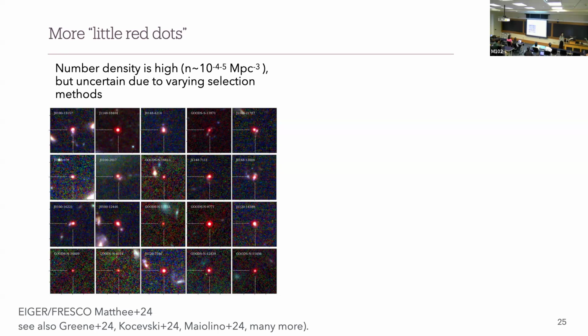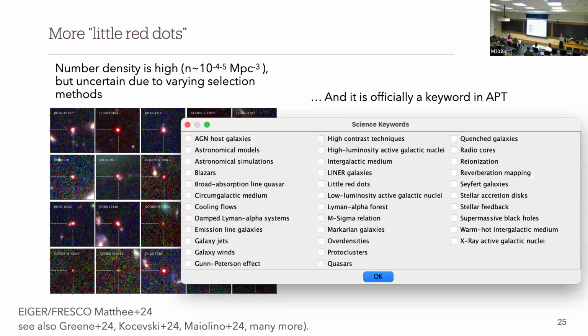And if that does not convince you they are important, now it is officially a keyword in APT. Little red dots. It's with those other noble catalogs like AGN host galaxies, galaxies. Yeah, I was writing 2 proposals in the Hubble Fellowship Symposium, which was perfect timing, just 1 week before the Webb deadline. Like, great job, Space Telescope.